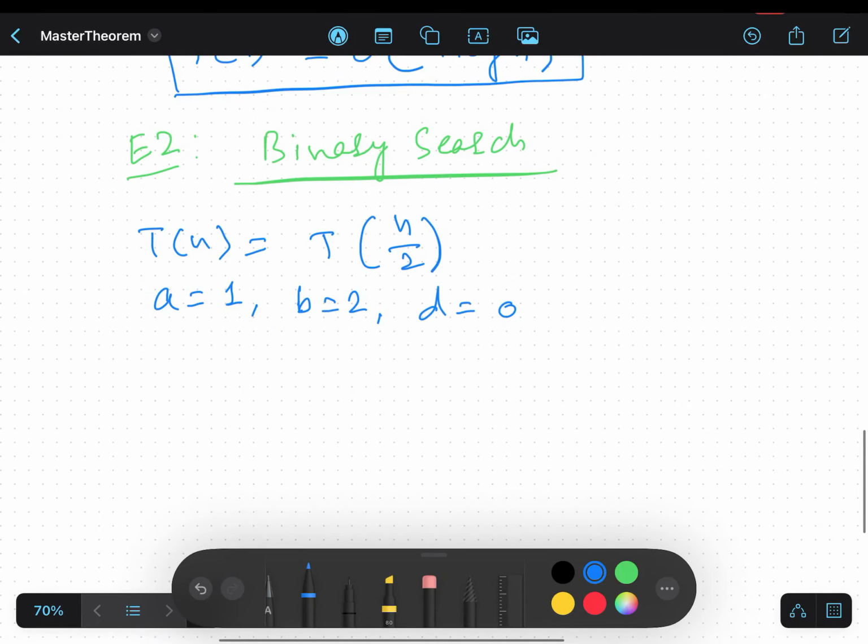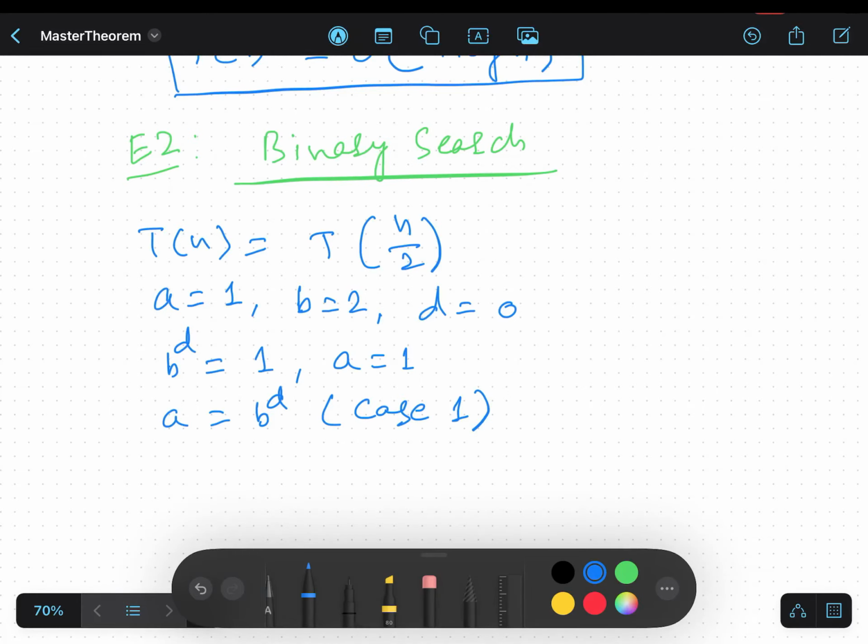If we look at B raised to the power D, this will turn out to be 1 and A is equal to 1, which means A is equal to B to the power D, and this is case 1 again.